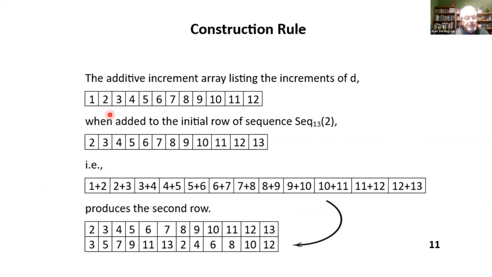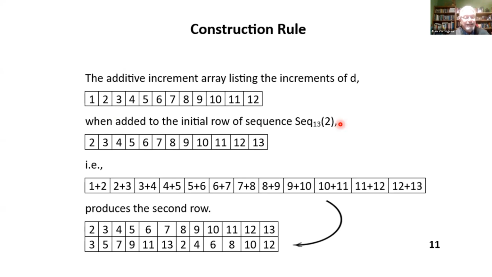First, we define what is called an additive increment array, and that's the numbers from 1 to n-1. If we're looking at, say, a number such as 13, it'd be 1 to 12. And then the first row is always defined to be 2 to 13, or 2 to n.